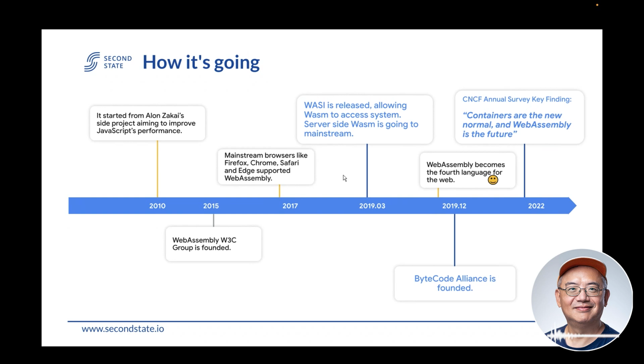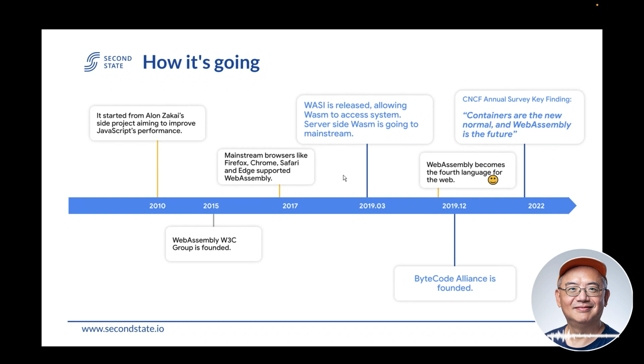So as you can see, from 2019, right before the pandemic, around the time WebAssembly was standardized at W3C in the browser, people are working on providing system interfaces, what we call WASI. If you think about WebAssembly in the browser, it mostly interacts with JavaScript, so it doesn't need to know things like file system or networking or underlying CPU and GPU, because JavaScript provides all those functionalities to the WebAssembly runtime.